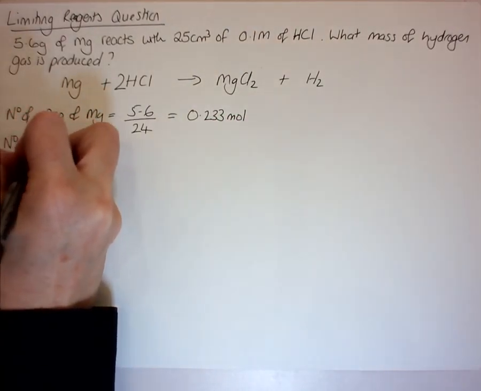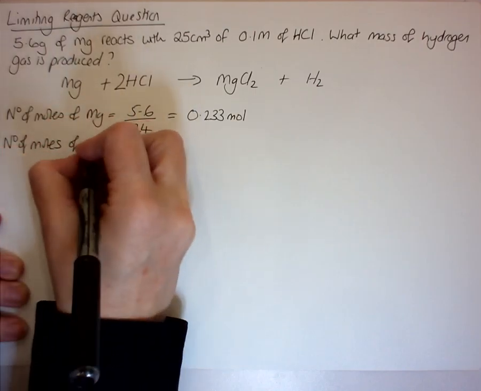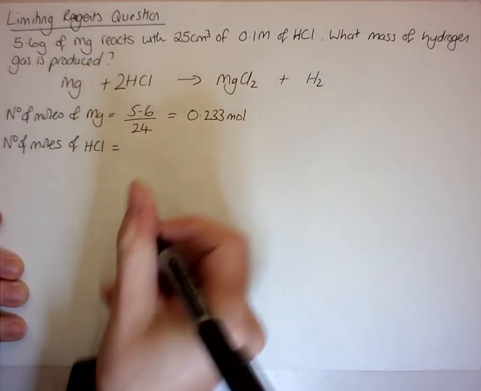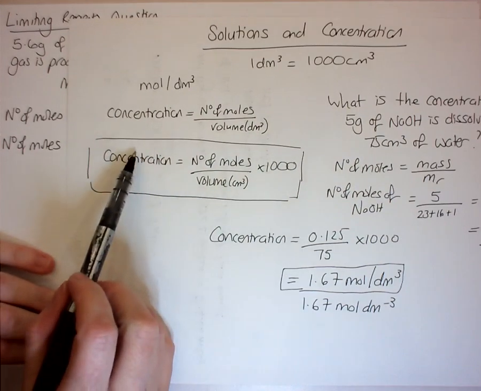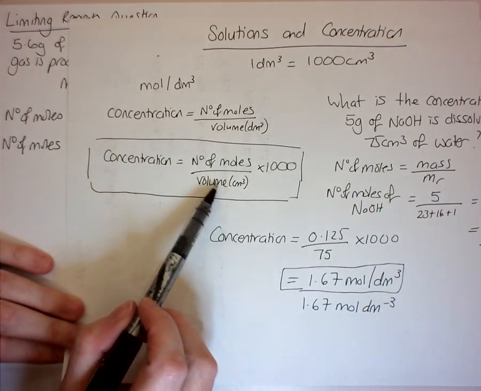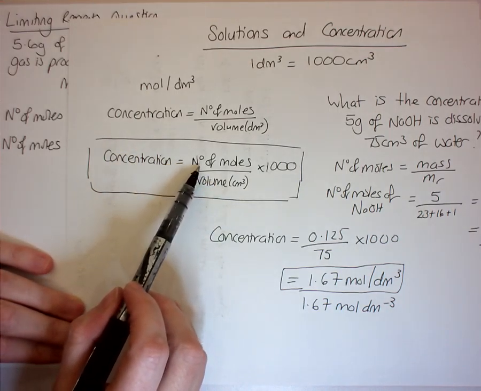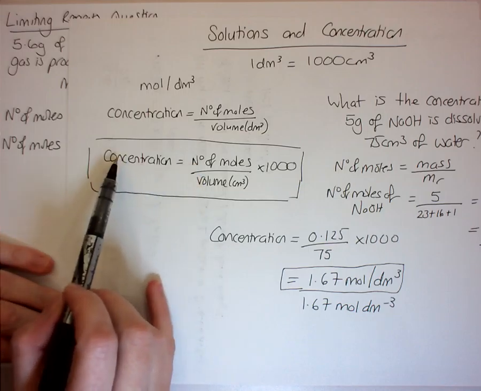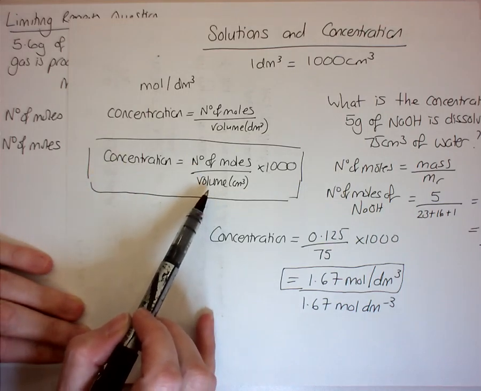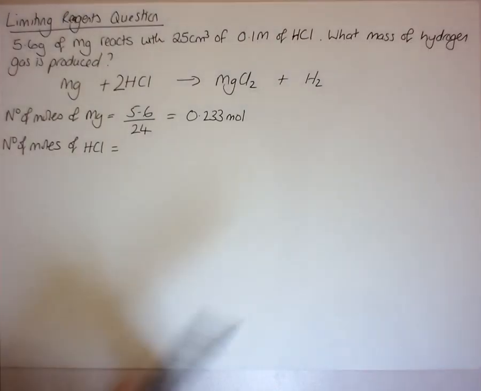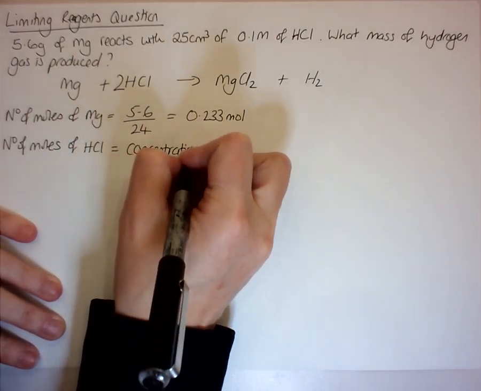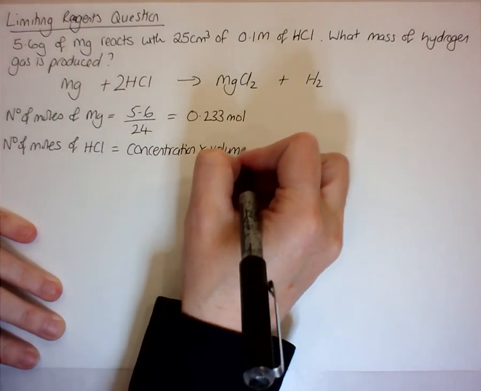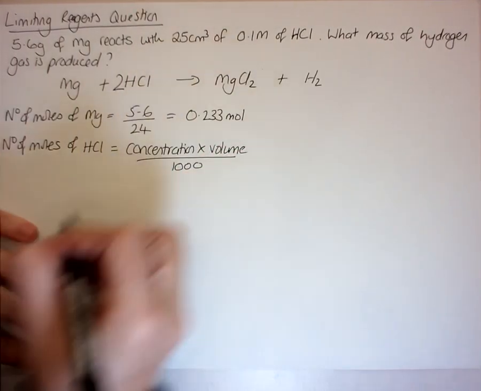Number of moles of HCl. I don't have a mass, I have a volume and a concentration. And if we look back to our equation that we've used previously, to get number of moles, I will need to rearrange this. I will need to do concentration times volume divided by 1,000. So number of moles is concentration times by volume divided by 1,000.